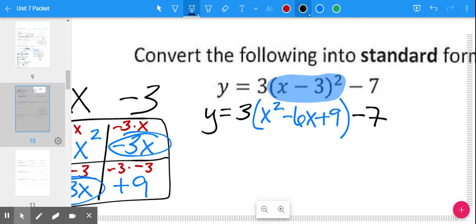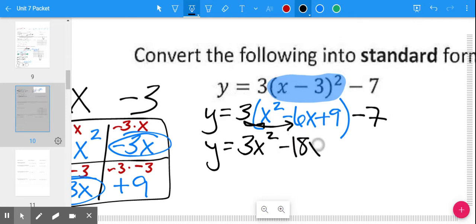All right, so with PEMDAS, we've taken care of the exponents. Now we can multiply. So we have y equals 3 times x squared, 3x squared. 3 times negative 6x is negative 18x. 3 times 9 is 27. And bring down your negative 7.